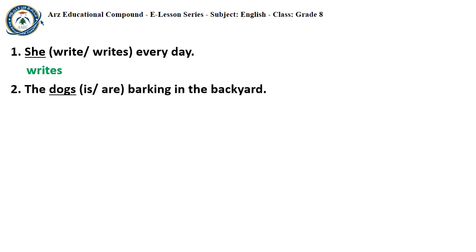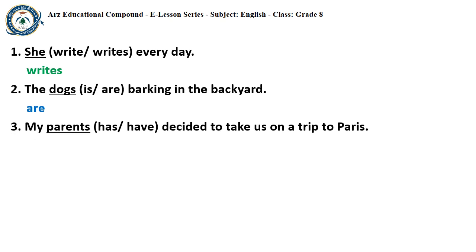Two. The dogs is or are barking in the backyard. The subject is dogs. It's a plural subject, so the verb must be plural. The dogs are barking in the backyard. Sentence number 3. My parents has or have decided to take us on a trip to Paris.